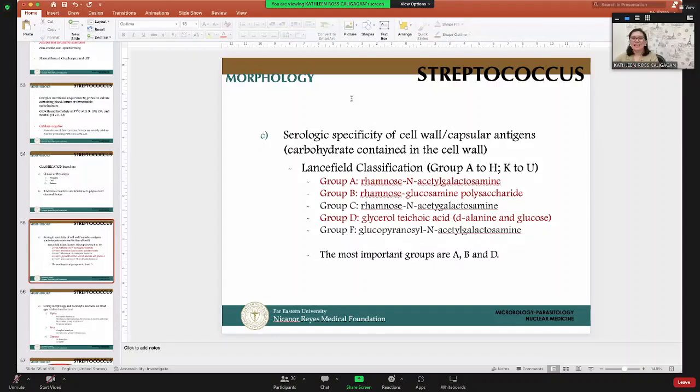Based on the type of carbohydrates present on the cell wall, they may be classified under the Lancefield classification from group A to U. So we just remember A, B, and D. Those are the more important Lancefield groups of Streptococcus: Group A strep, Group B strep, and Group D strep.